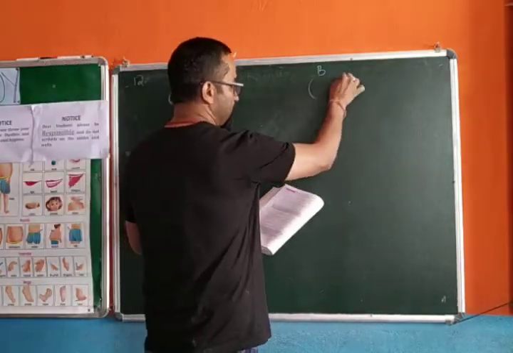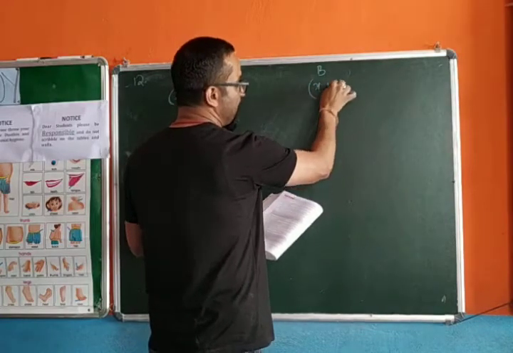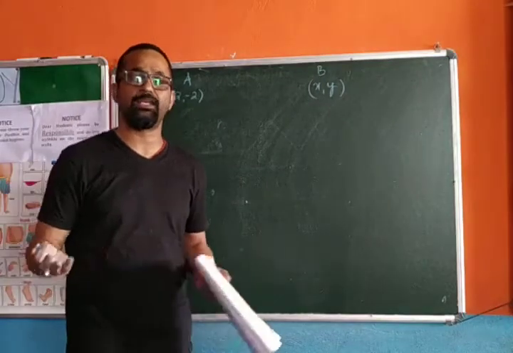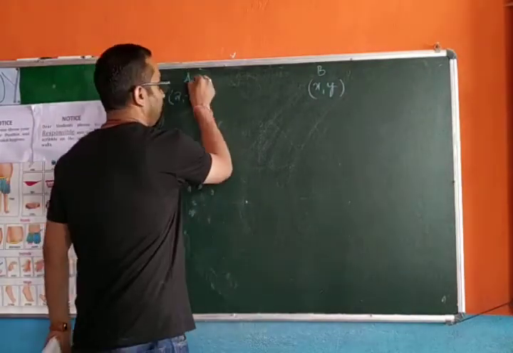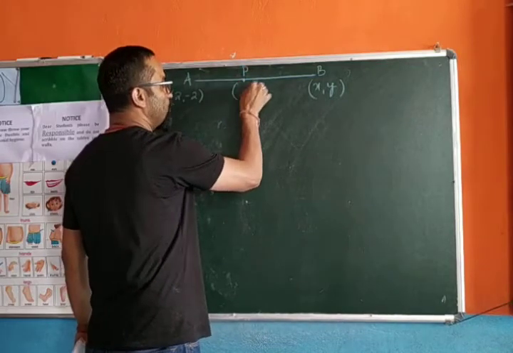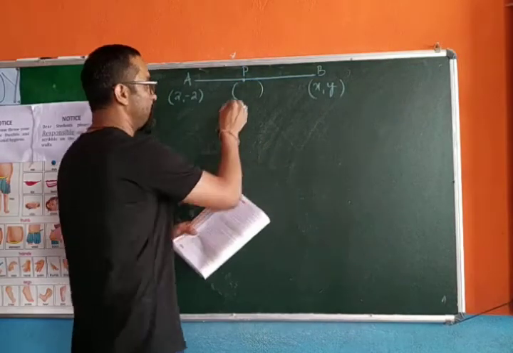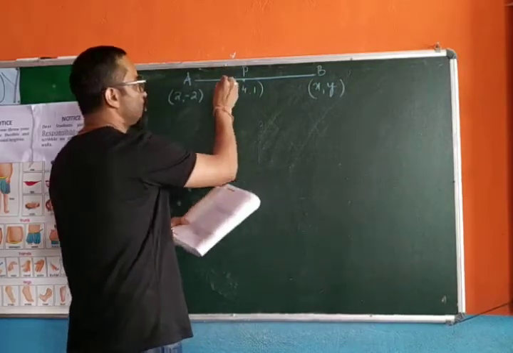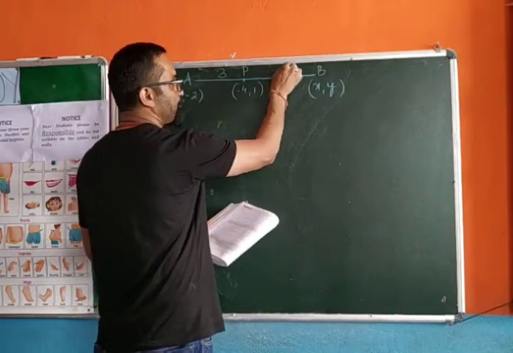Coordinate of B is not known, so we assume it as x, y. You can assume it with any letter. This line segment AB is divided by a point P whose coordinates are given, minus 4, 1. Ratio is also given, 3:5.